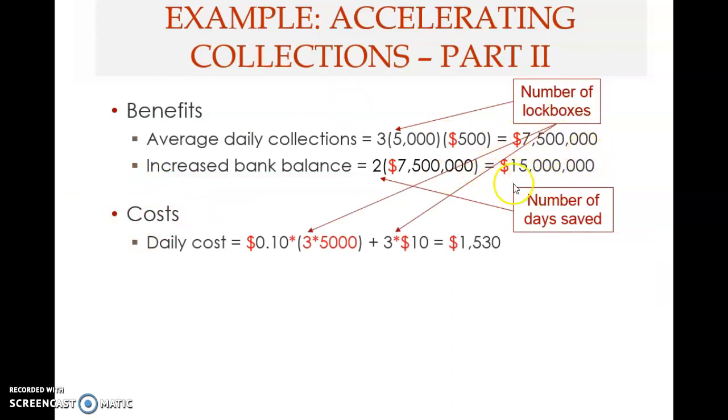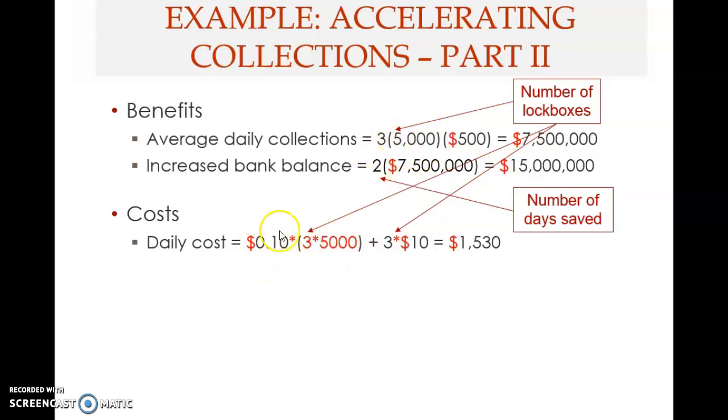We assume that this 15 million is obtained at time 0, now. And then the costs here, these are daily costs, 10 cents for every check. Remember, there are 3 lockboxes and 5,000 checks per lockbox.